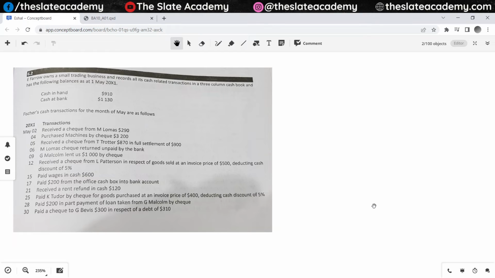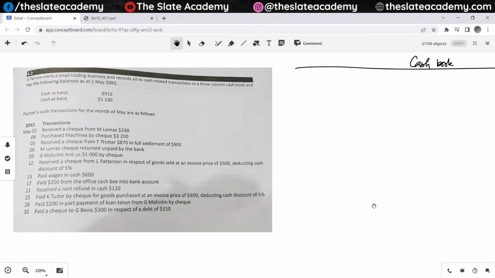Let's quickly draw the 3 column cash book first, and then we'll start inputting the values. Now the 3 columns.